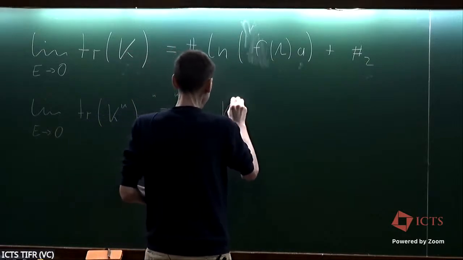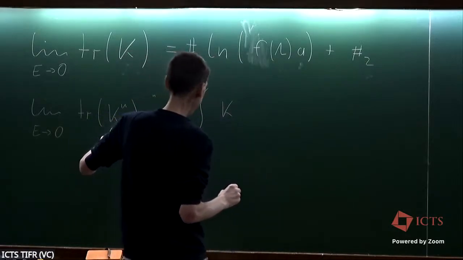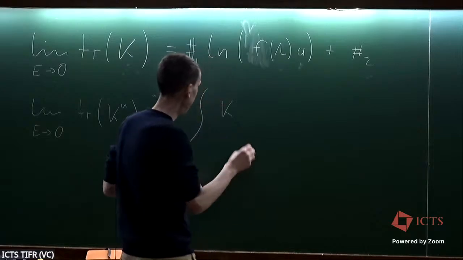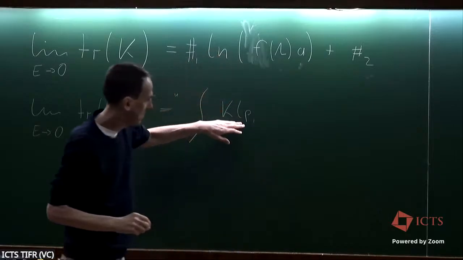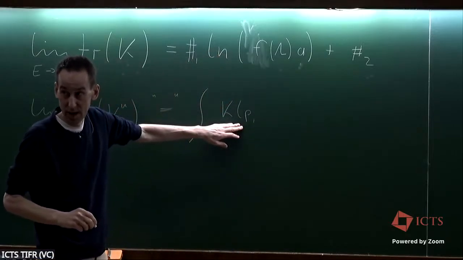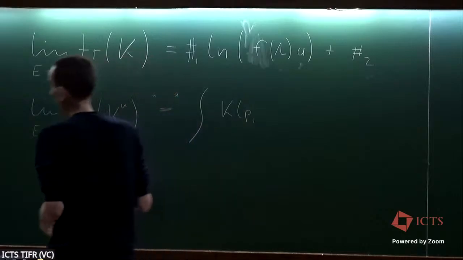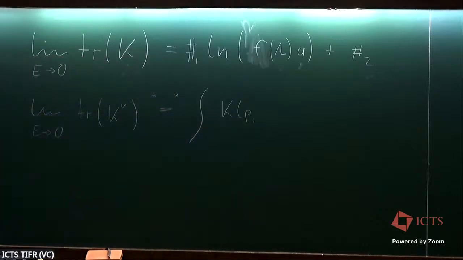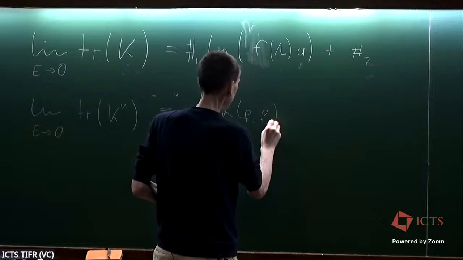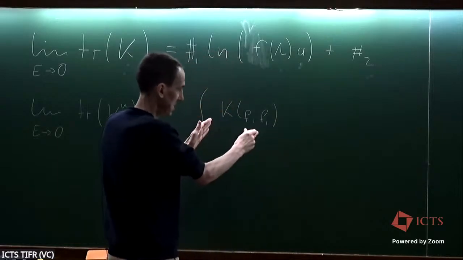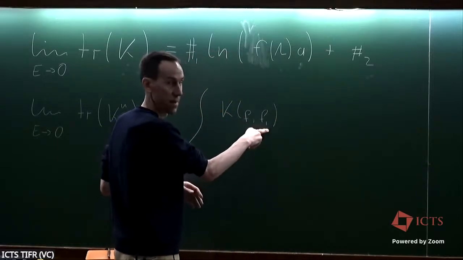But the trace of that iterated kernel is equal to, now I write the kernel as a function of P and P prime again. So it still remains a function of E and G, but I also make explicit the representation in which I consider this kernel. So it's a matrix in P1.